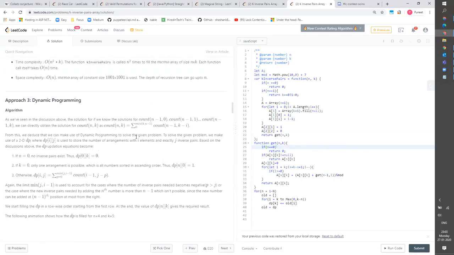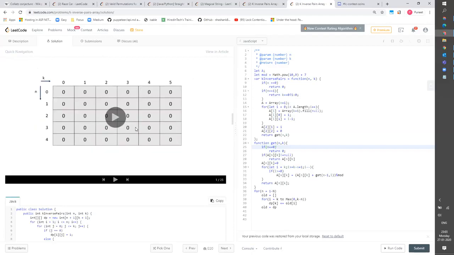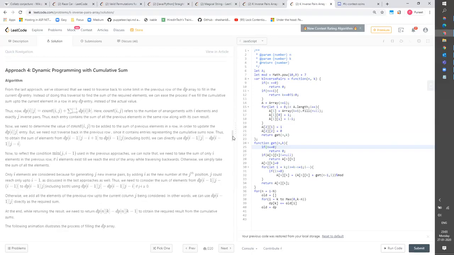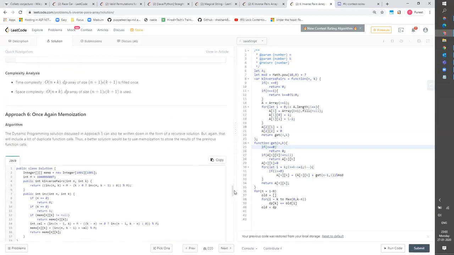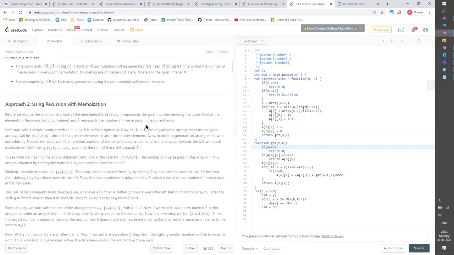Have you guys seen these approaches? Anyone? Tanmay, Ashish? No. I'm not that good at dynamic programming. Yeah, same here. All the problems seem to be on dynamic programming, and I think the only one using recursion was this one.